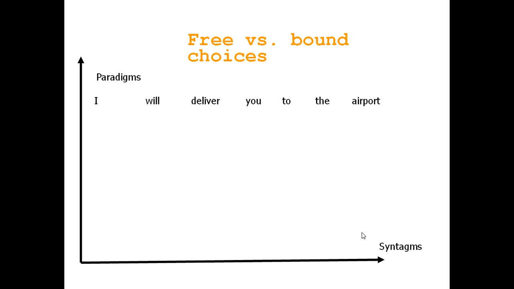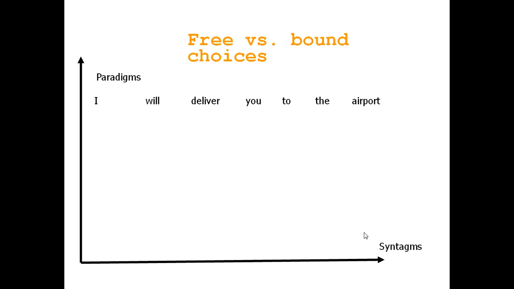Now, if you look at this from the point of view of paradigms, all the choices that we made are English, okay? And there is nothing wrong from the point of view of the choices. We've chosen words that are all an integral part of the English vocabulary.